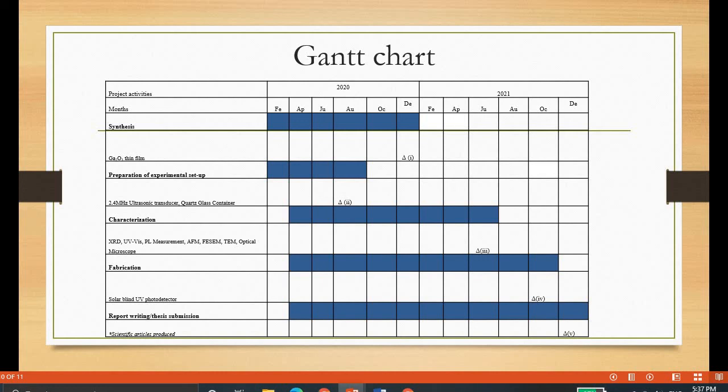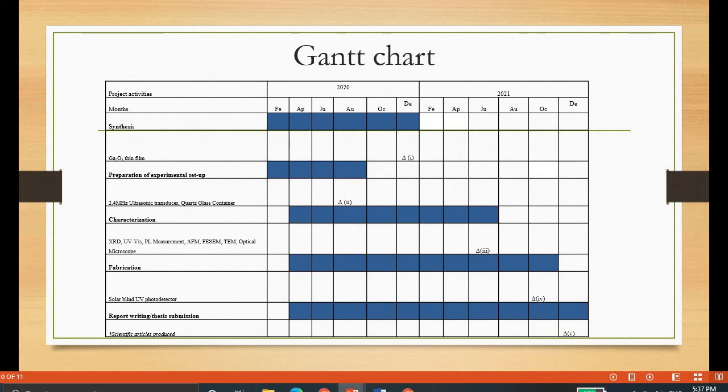For my third stage, which is the characterization, I will be using the UV-Vis, XRD, PL measurement, AFM, FESEM, TEM, and also my optical microscope to observe the optical and structural properties of the gallium oxide thin film.